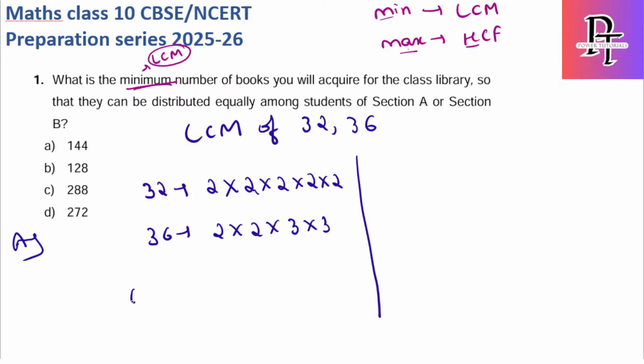So what is the LCM? LCM is the product of the highest powers of the prime factors. Here the highest power of the prime factor 2 is 5. What about 3? The highest power is 2. So 2 power 5 is 32, and 32 into 9 is the LCM. 2 9s are 18, 3 9s are 27, so 288 is the LCM answer.